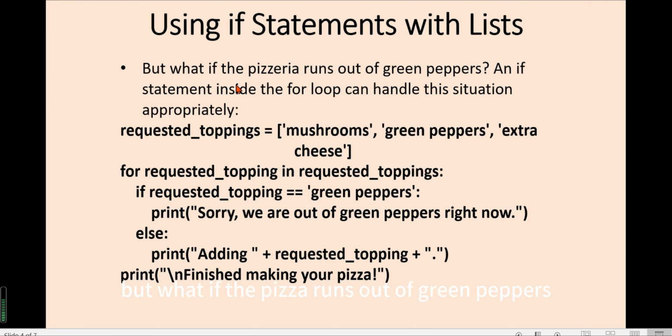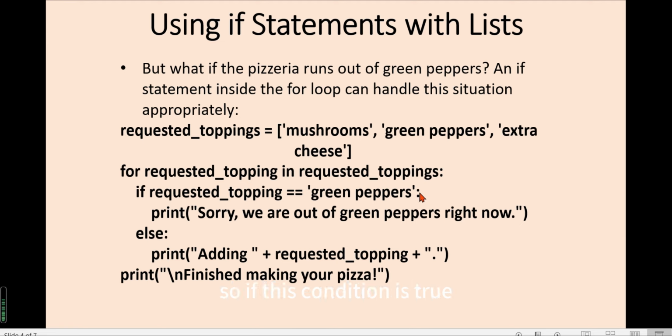But what if the pizza runs out of green peppers? An if statement inside the for loop can handle this situation appropriately. So this is requested toppings. For requested topping in requested toppings, a for loop, we check each value: if it is equal to green peppers.